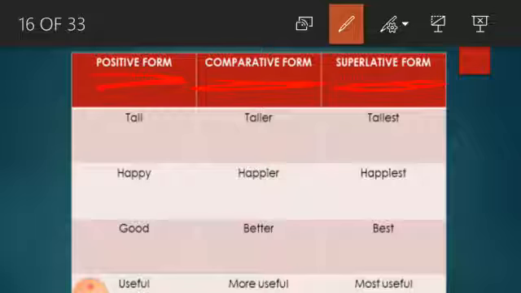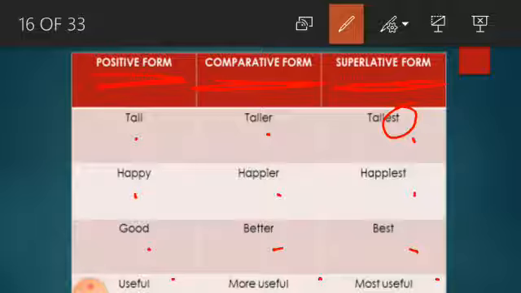Tall, taller, tallest, happy, happier, happiest, good, better, best, useful, more useful, most useful. Like in the class we say, he is the tallest boy in the class. So the moment you say tallest, this EST comes, you get to know that this is the superlative degree.